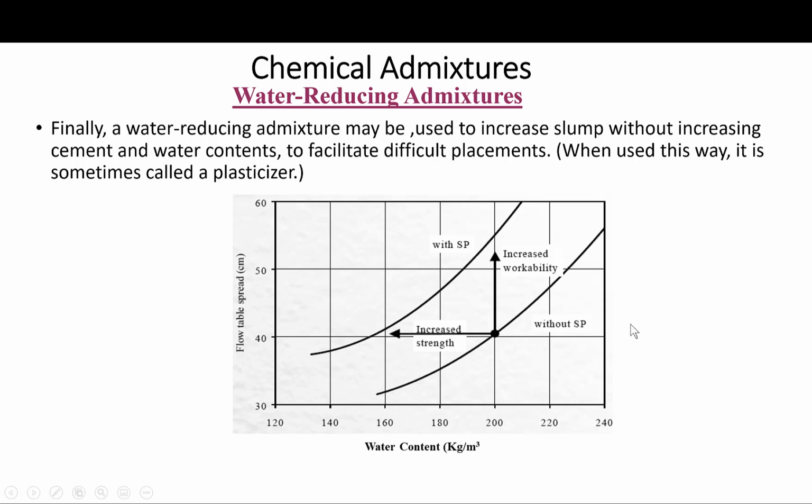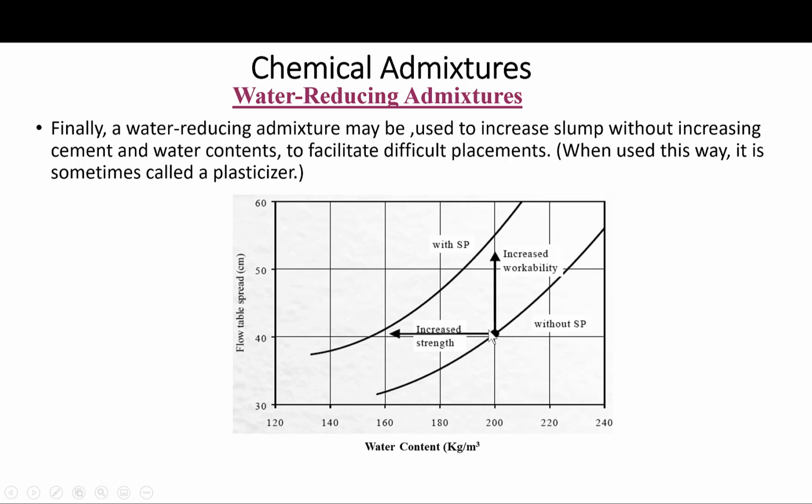So look at this graph. As you can see here, this curve gives the water content in kilogram per cubic meter, and it gives here the flow table spread, which is basically a measure of the slump. So here, this curve without the addition of any superplasticizer, as we increase the water, the flow increases.